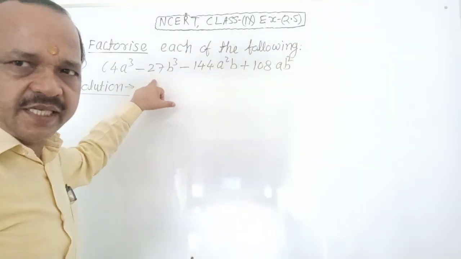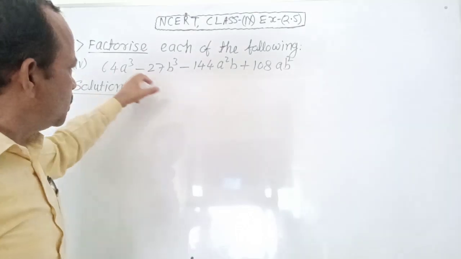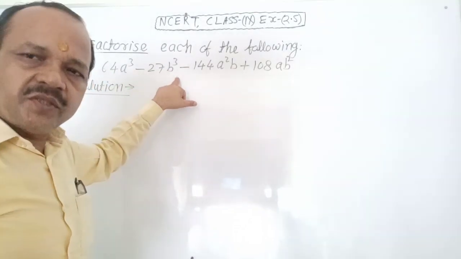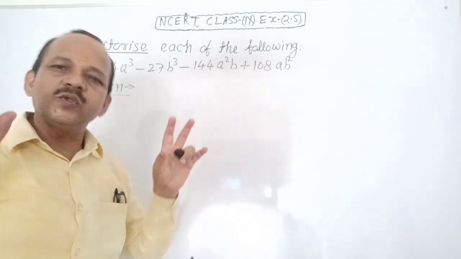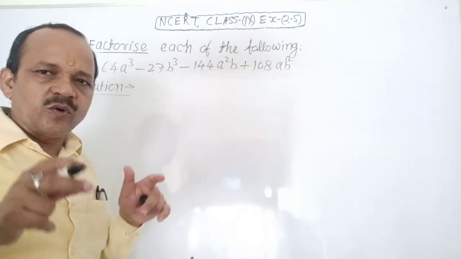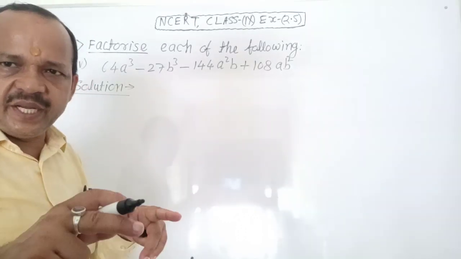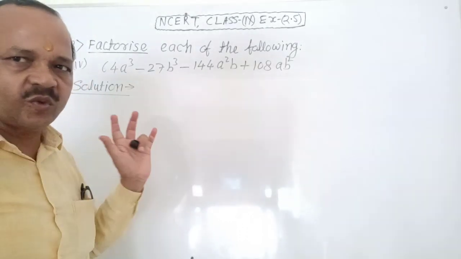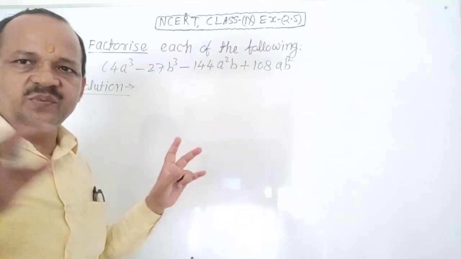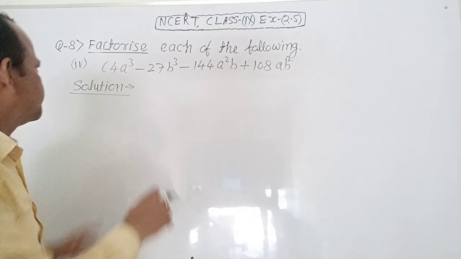You factorize it with the help of a suitable identity. The suitable identity is (a minus b) whole cube equals a cube minus b cube minus 3ab(a minus b). It is clear, no confusion about it. Very good. It is very easy. See the board.